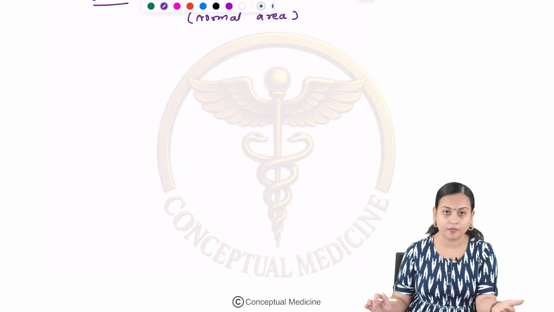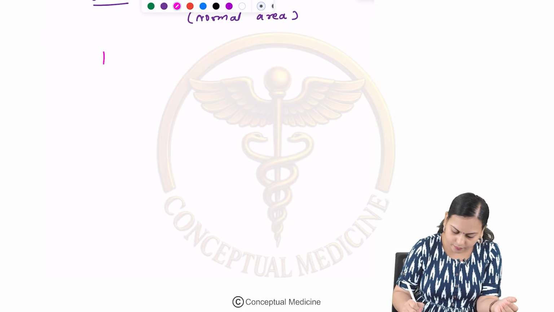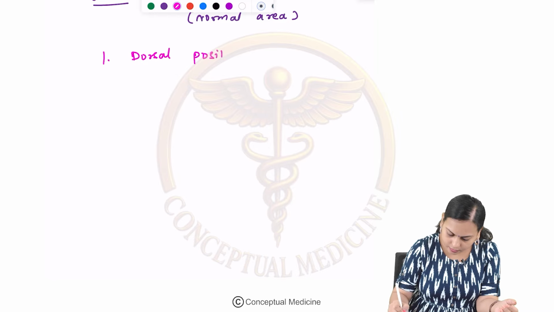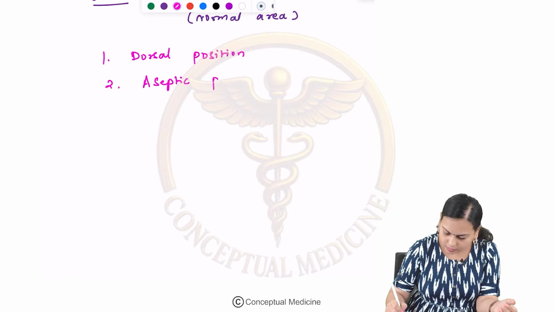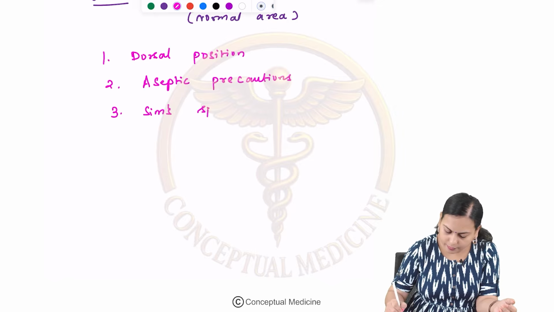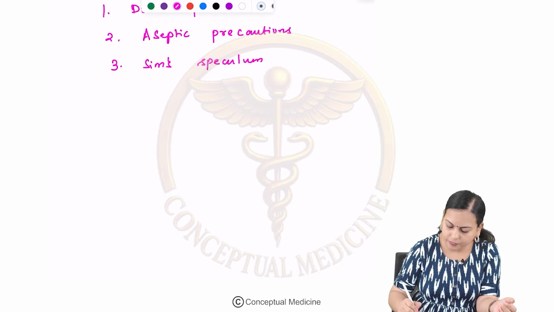What are the steps you have to do? Number 1, the patient will be in dorsal position, and this should be done under strict aseptic precautions. A Sims speculum will be inserted to depress the posterior vaginal wall.